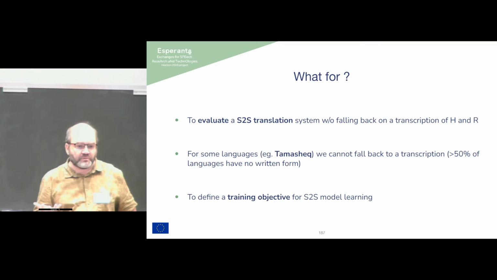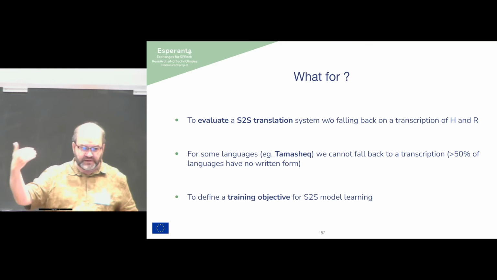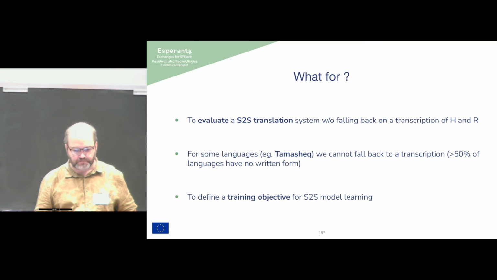So if we want to work with them, we have to evaluate without having a written form. And incidentally, if it works, we're not there yet, we can also use that to build a training objective for speech-to-speech systems directly, so that they don't have to have the loss built on the text. We could have a loss built directly on the speech.